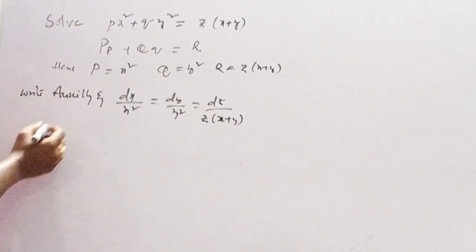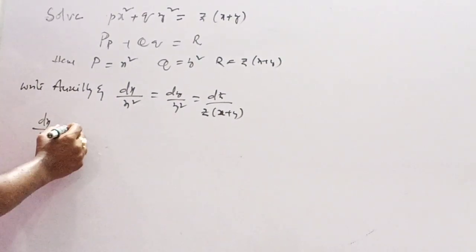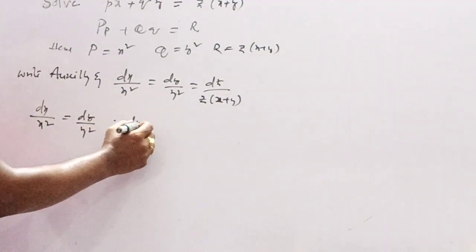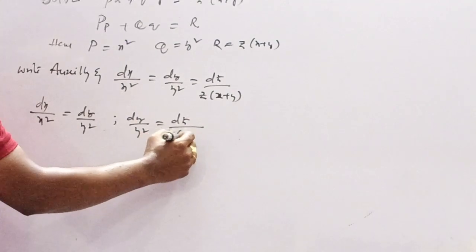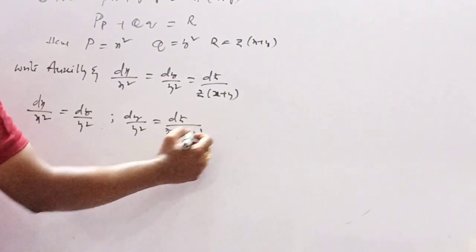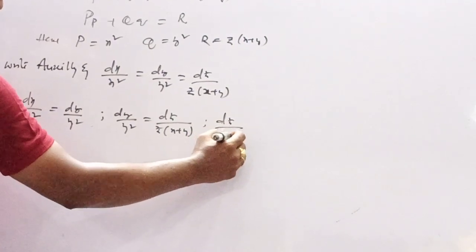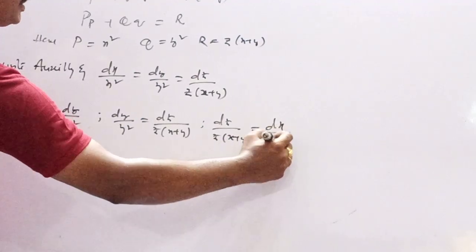Clear. So take the groups: dx by x square equal to dy by y square, and dy by y square equal to dz by z into x plus y, and dz by z into x plus y equal to dx by x square.